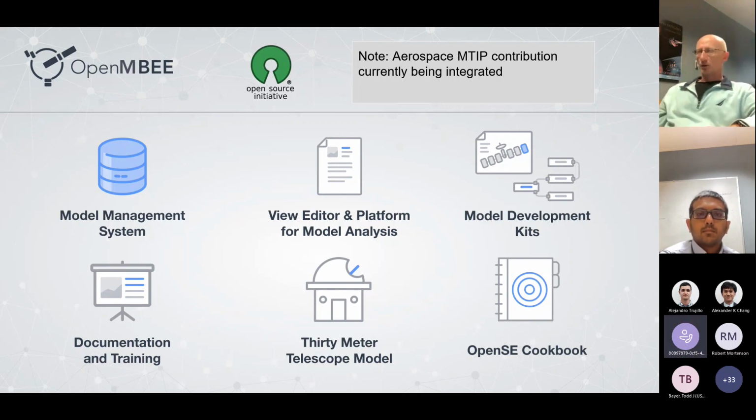So that's a good example of a highly complex system that uses that, which is open source and available. And there is something which we call the OpenSE Cookbook, which is a collection of guidelines and practices around OpenMBEE, how you guide system engineers in the model-based world.